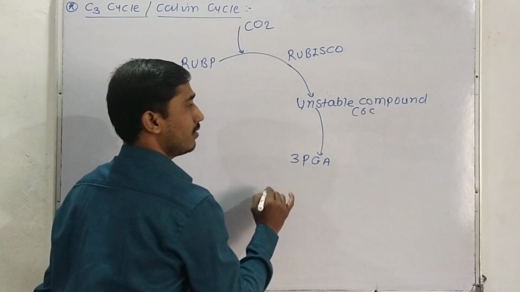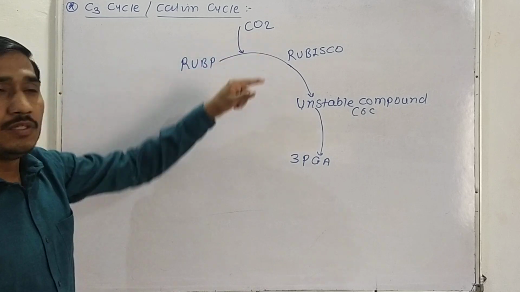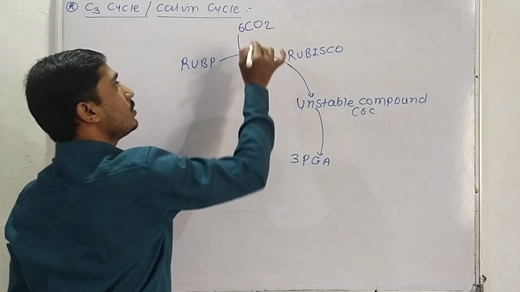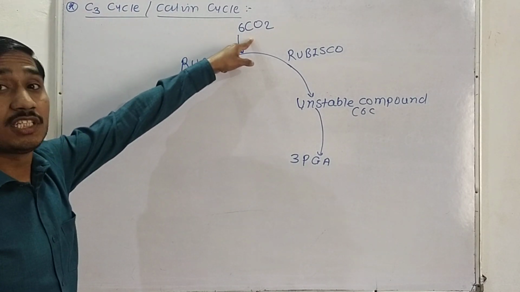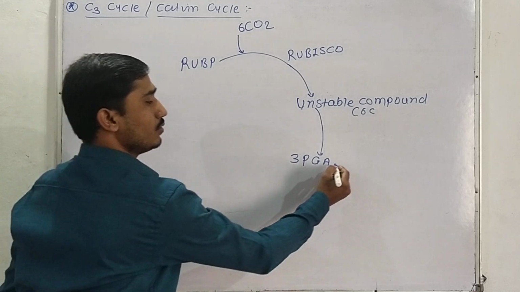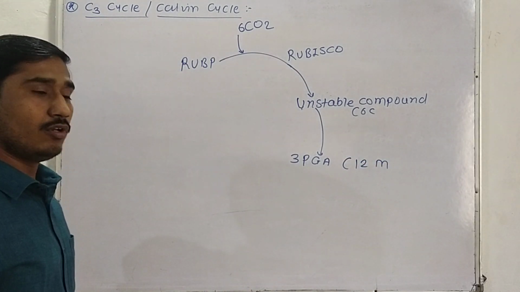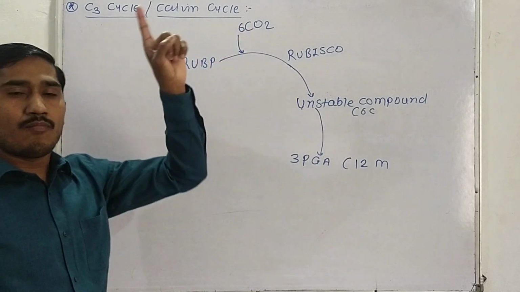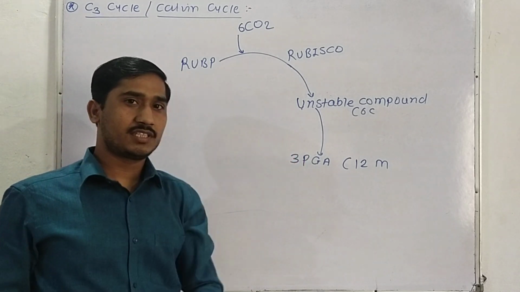Now, during the photosynthesis process, the plant will use 6 CO2 at a time. How many CO2? 6 CO2. After the fixation of 6 CO2, the plant will produce 12 molecules of PGA. Actually, after the fixation of 1 CO2 molecule, there is a formation of 2 PGA molecules.